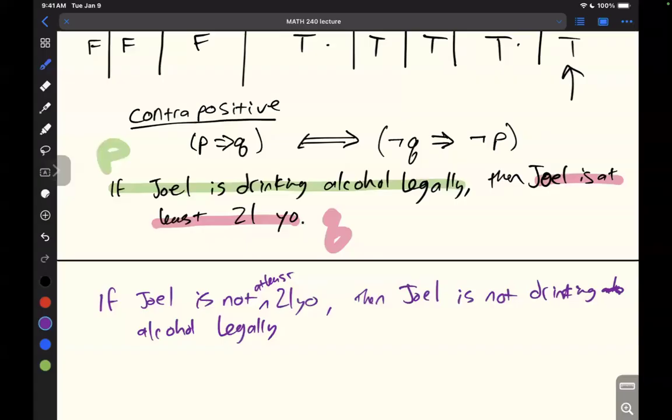And so the negation of P, if he's drinking alcohol legally, the negation could be that he's drinking it illegally, or it could be that he's not drinking it, right? So either of those could be true.